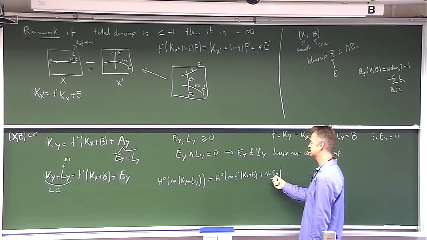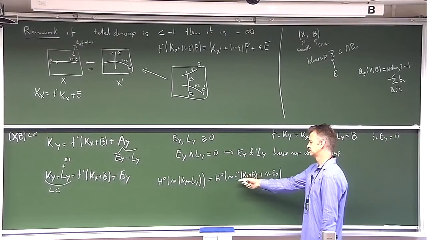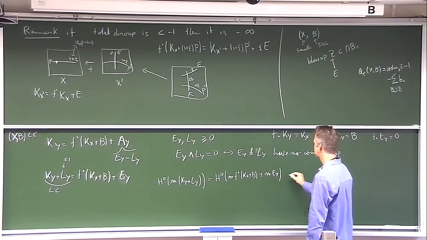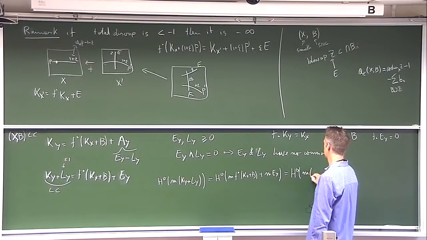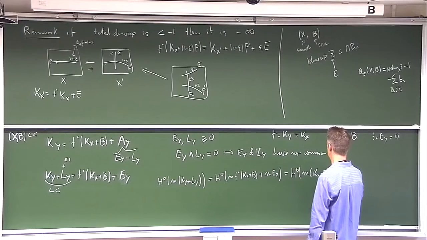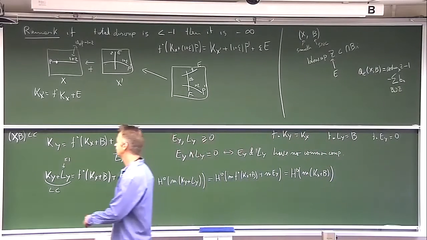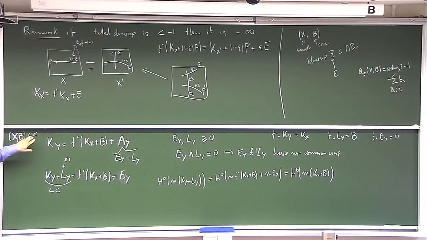But now this is an effective exceptional divisor, and this is the pullback of, if I've cleared denominators, a Cartier divisor downstairs. So by the projection formula, this is just H^0 of m(KX + B), telling me that essentially I can replace any log canonical pair by a log smooth pair with simple normal crossings without losing any information about the canonical ring. So if you're really opposed to log canonical pairs, think that they're just log smooth pairs where the divisors have simple normal crossing intersection.